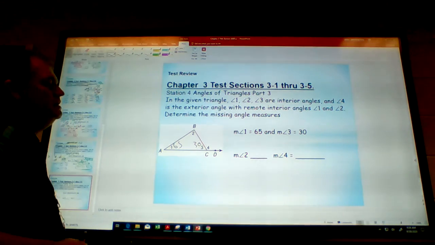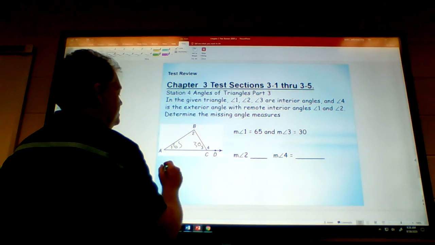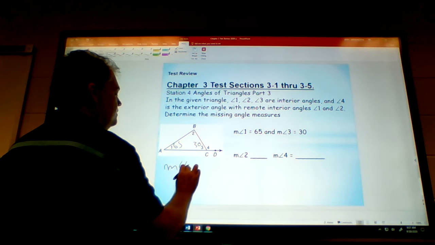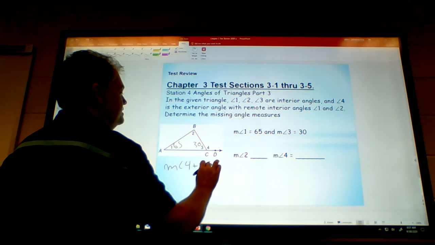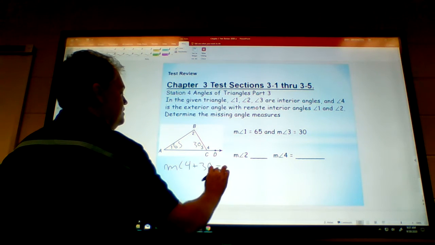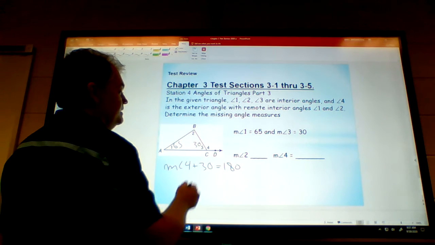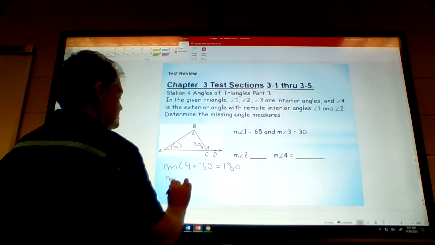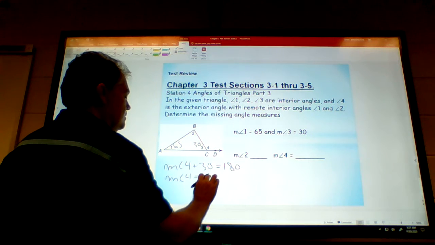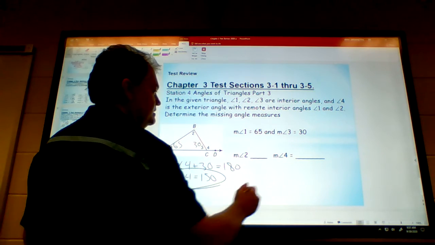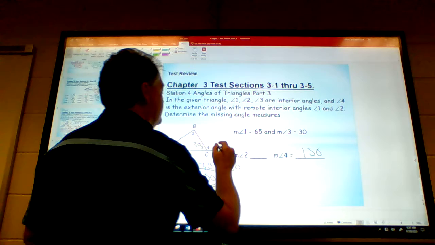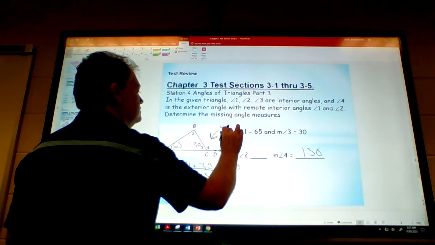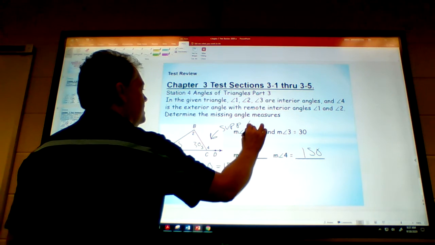All right. We do know that the measure of angle 4 plus 30 degrees equals 180 because they're supplementary. This is a supplement. So the measure of angle 4 equals 150 degrees, because this is the supplement of angle 3.